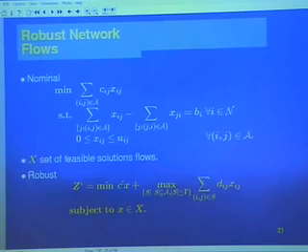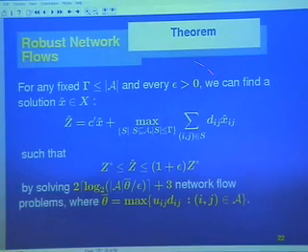So what we have proven is that indeed, if you are careful with your analysis, you can basically solve the robust counterpart by solving a relatively small collection of network problems. You can either solve it as one big LP or by iteratively solving a small collection of network flow problems, which makes it practical because it's logarithmic. So let's say you have 10 to the 6 variables, 1 million variables, and the number, let's say, is 1,000, and you have an accuracy epsilon.